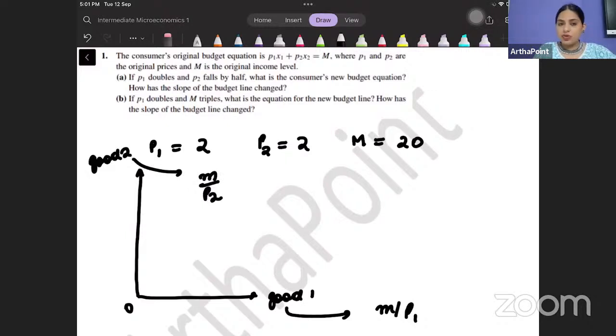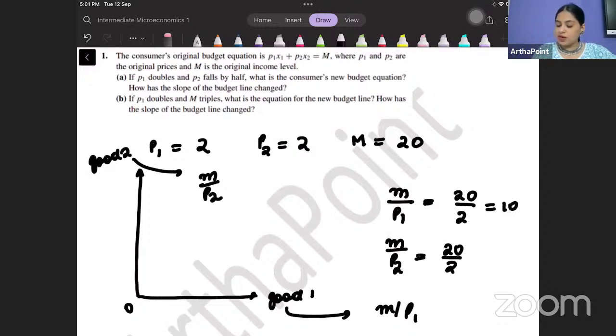So income by price of good 1 is 20 by 2, that means 10. And income by price of good 2 is also 20 by 2, that means 10. So I will get a budget line with 10 here and 10 here. This becomes my initial budget line. Everyone is clear with this aspect?